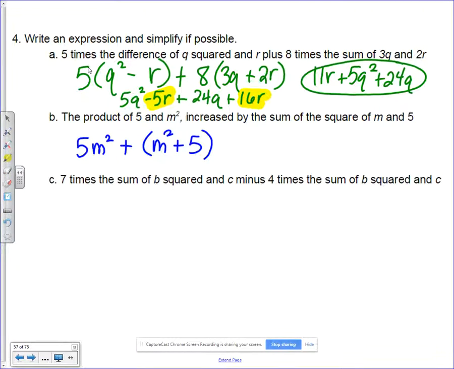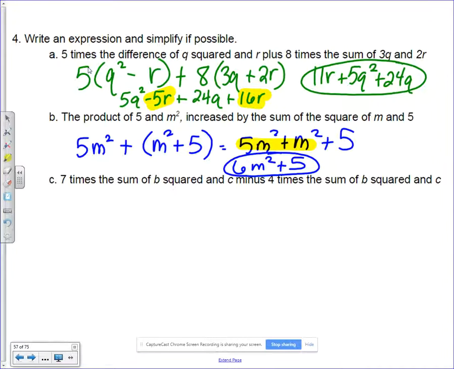Okay, but now I need to simplify it. So what am I going to do? Distribute. And what am I actually distributing? A positive one, correct? Is that going to change anything about that? No. Now, can I put anything together? You got it. These two things can be put together, and it gives you 6m squared plus 5. Good. Good, good.